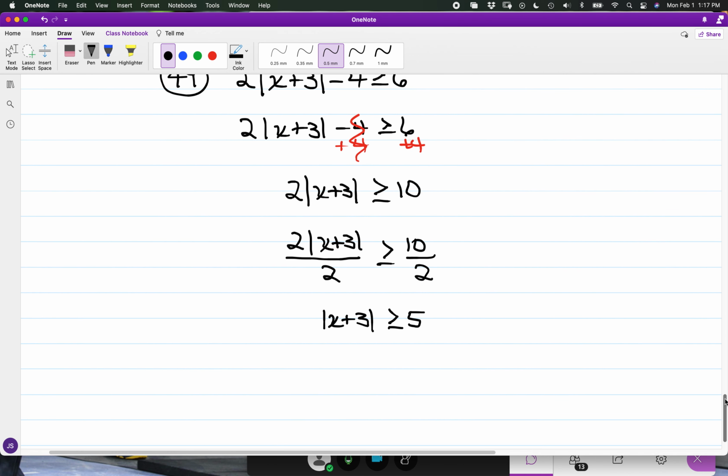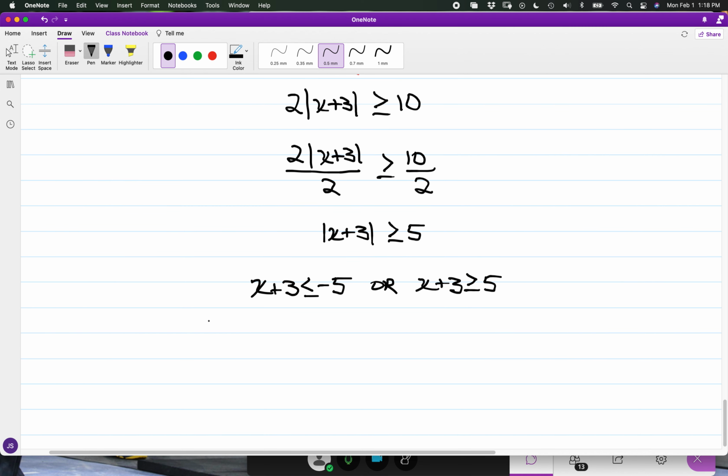So at the lower end, we're going to have that x plus 3 is less than or equal to negative k, which is negative 5. And at the upper end, we're going to have x plus 3 is greater than or equal to 5.